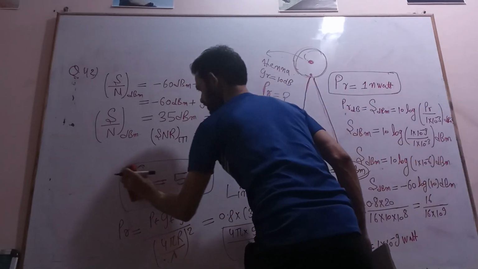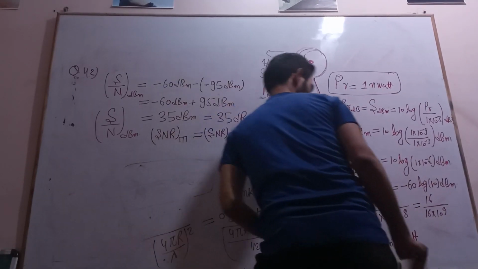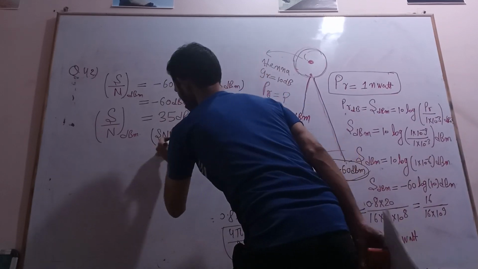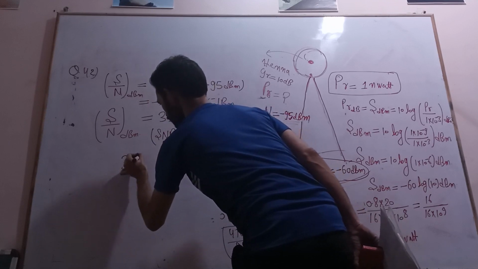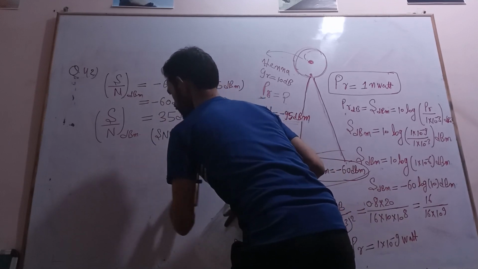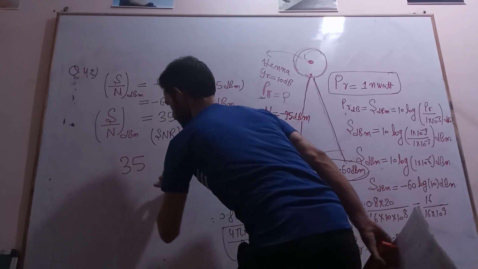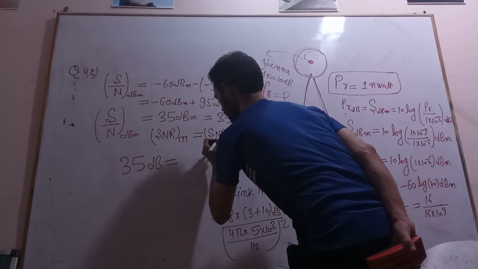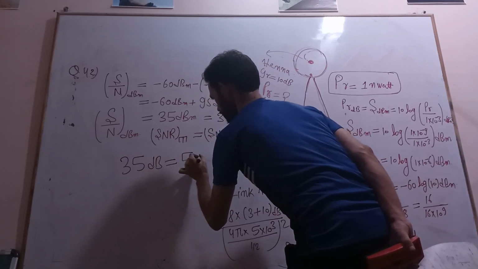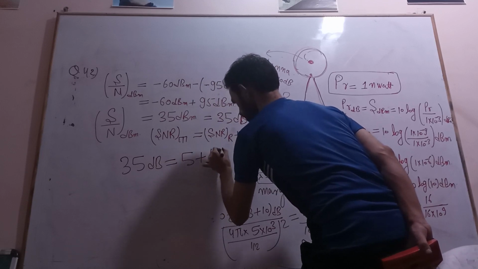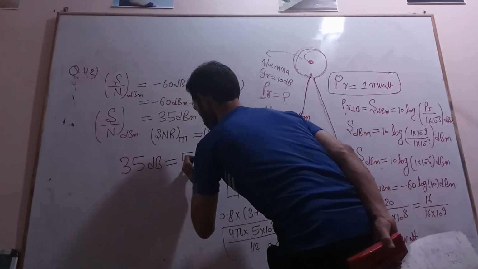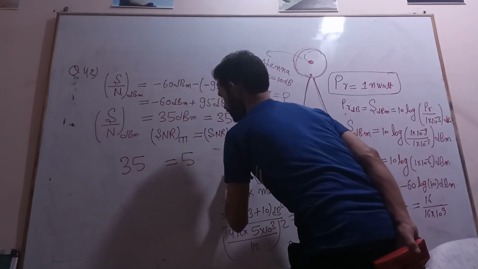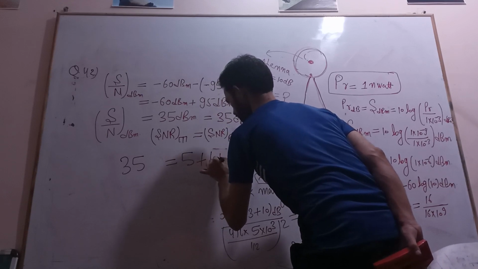So how much required is given? It is given as 5. So how much total are we getting? We are getting total 35 dB. But here required is 5. And how much link margin will we get? So everything is in dB only.